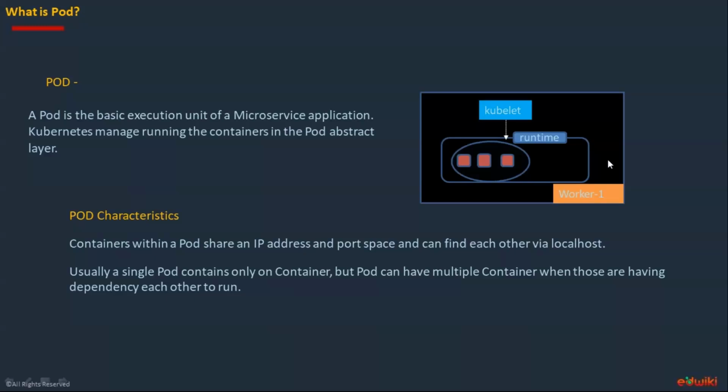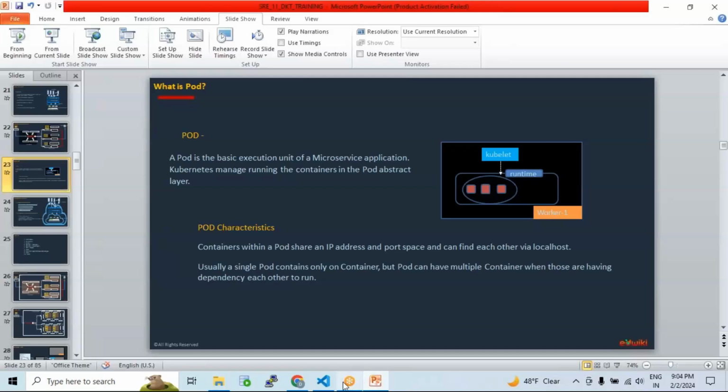The pod has only one IP, and the containers do not have any IP because a container need not have an IP. Why? Because the communication all happens between pod to pod. Only the pod will have an IP in terms of the network communication that Kubernetes is handling. So that is the reason.